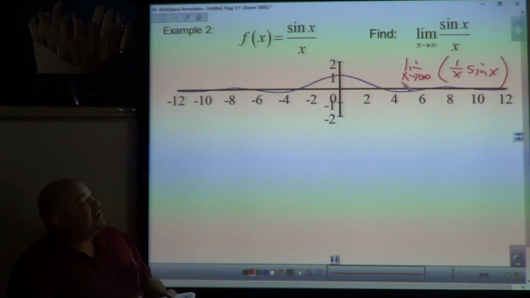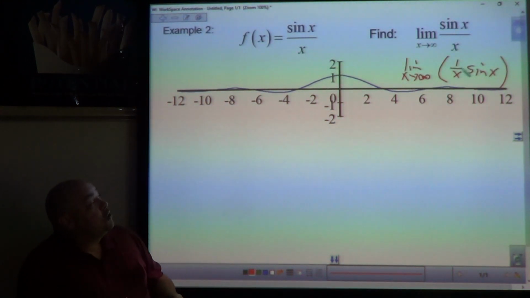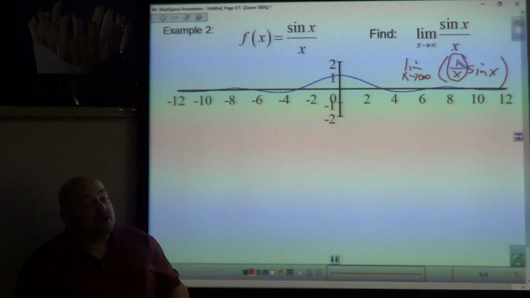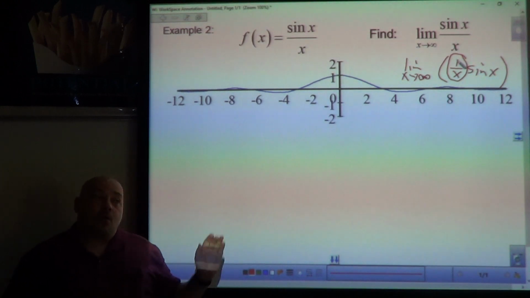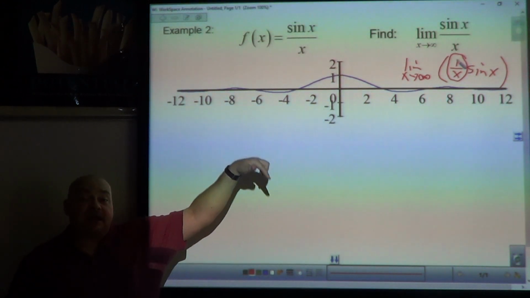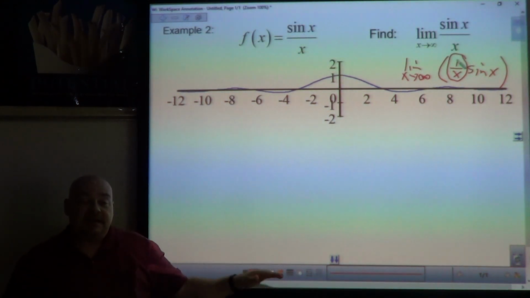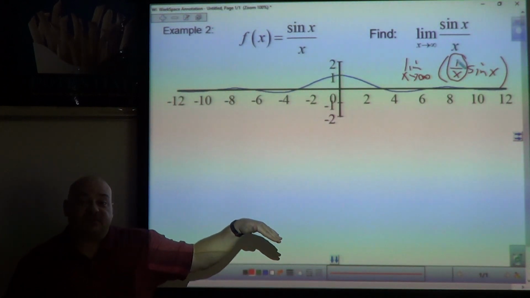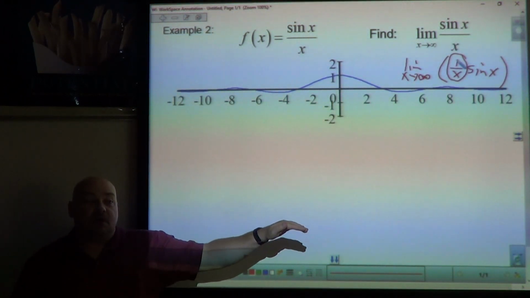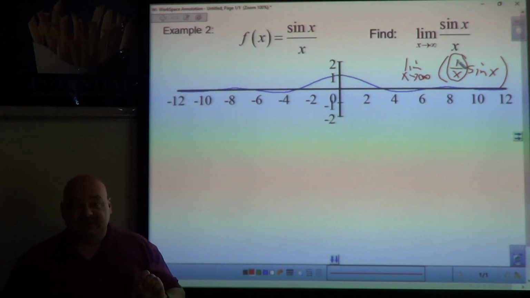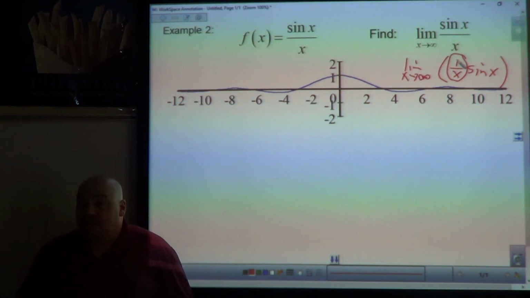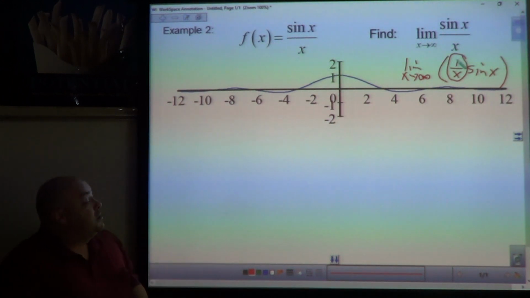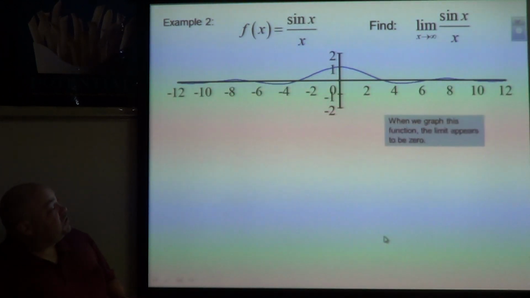So as x gets larger and larger, our amplitude is going to get smaller and smaller. Therefore, our periodic function, sine, is going to stop going up quite as far, and it's going to approach the value of 0, where it's not going to go on either side of that x-axis very much at all. So that's what's happening.